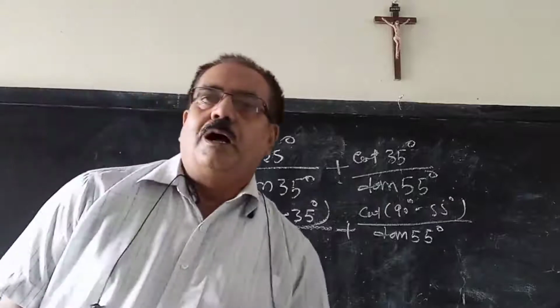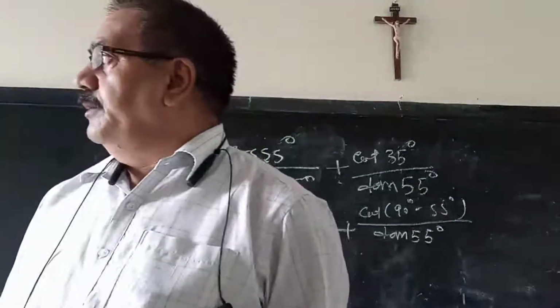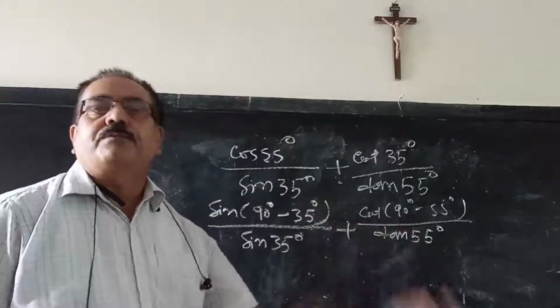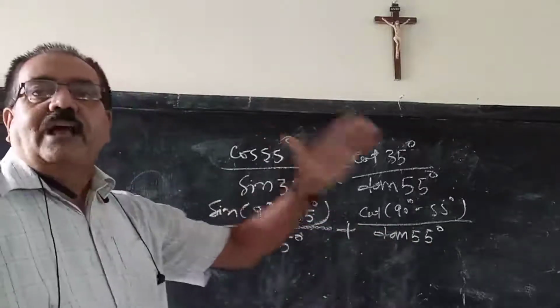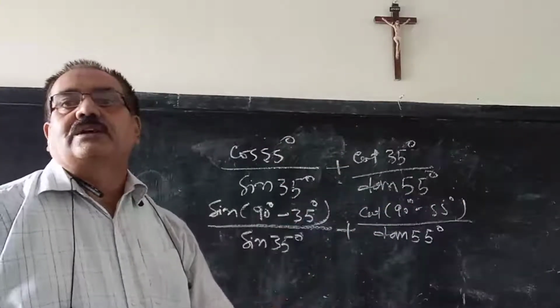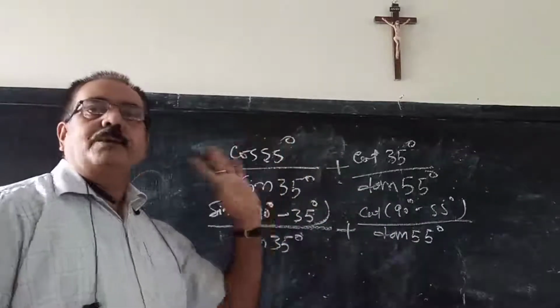After converting into the complementary angle, now we will use the formula. What formula? Sin(90 minus theta) is equal to cos theta, and in place of theta there is 35.